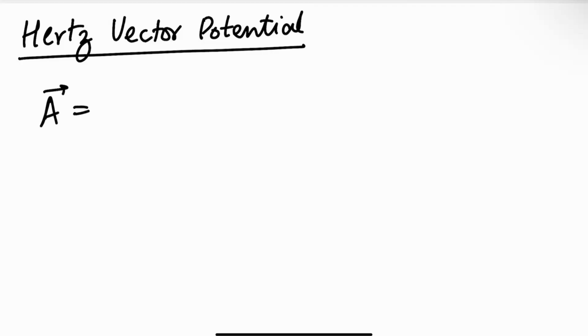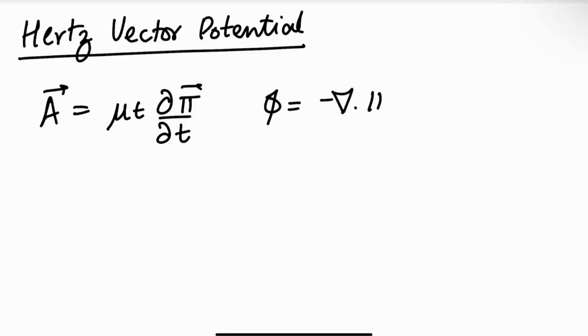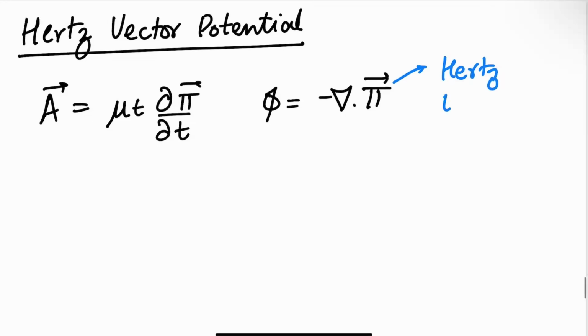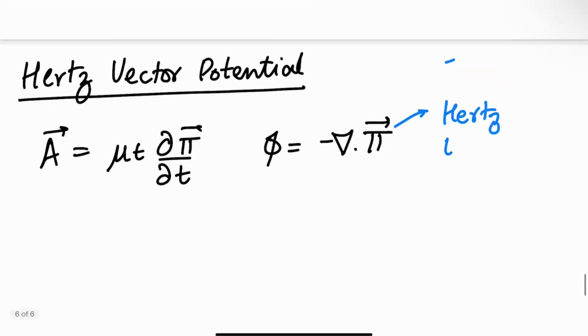Okay, so if we define A as mu epsilon d pi over dt and phi as minus the divergence of pi, where pi is the Hertz vector electric potential, or the Hertz vector potential. All right.